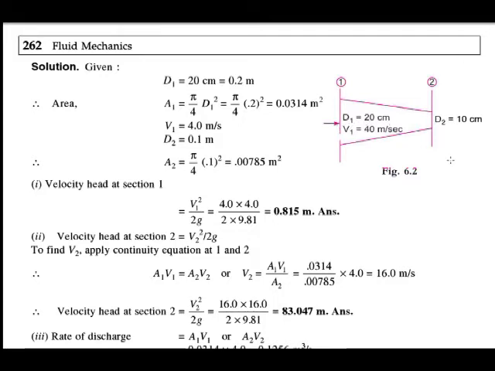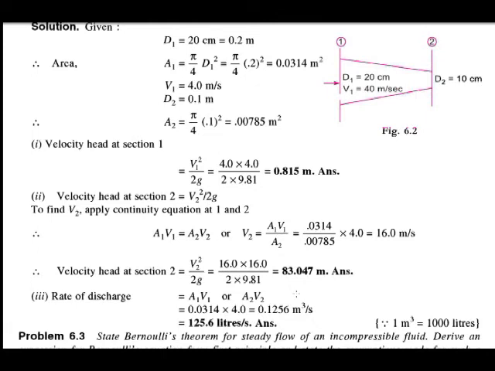At section 2 the diameter of the pipe is 10 centimeter. Then they have given the velocity at section 1 as 4 meter per second, and we have to calculate the velocity head and also the rate of discharge.